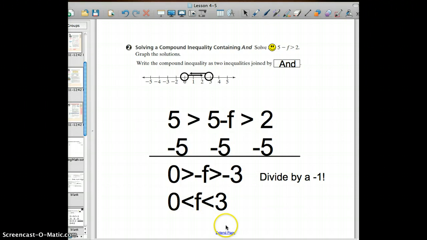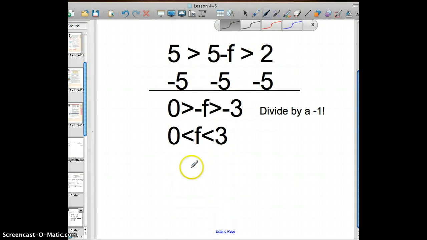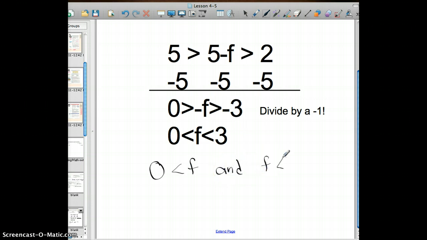So we have this compound inequality that's left here. And if you want to think about it, it is basically two inequalities joined by the word "and." 0 is less than f, and f is less than 3. So what numbers would fit? Well, think about it.